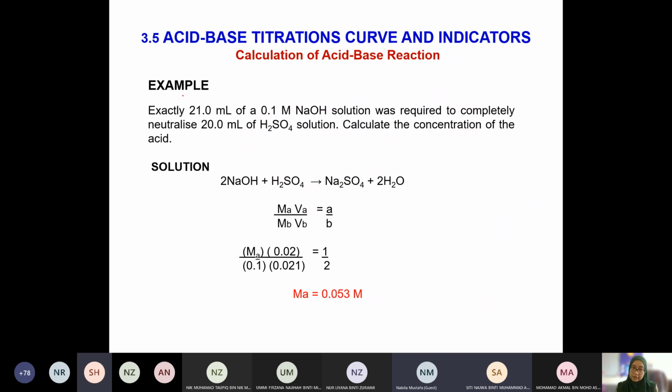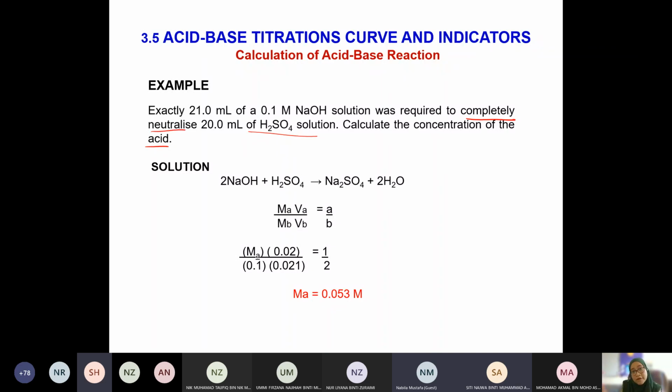Look at the example. Exactly 21 ml of 0.1 molar sodium hydroxide solution was required to completely neutralize 20 ml of H2SO4 solution. Calculate the concentration of the acid. Although it doesn't mention that at this point there is only salt, since you have learned it just now, completely neutralized means everything is totally neutralized, so we only have salt.